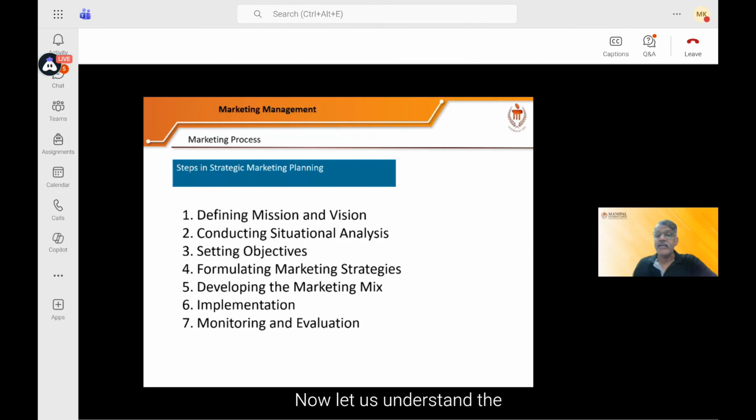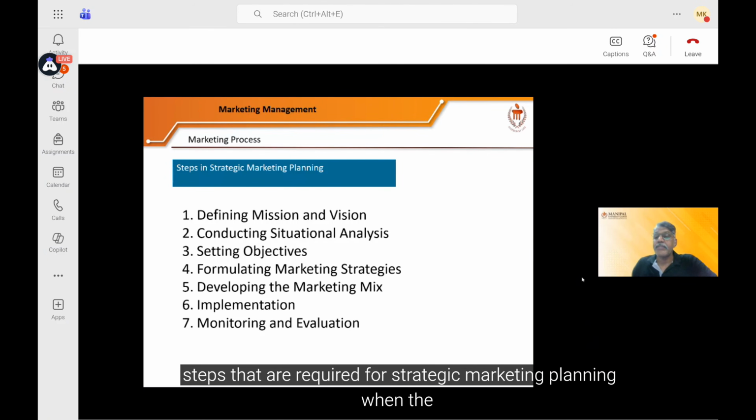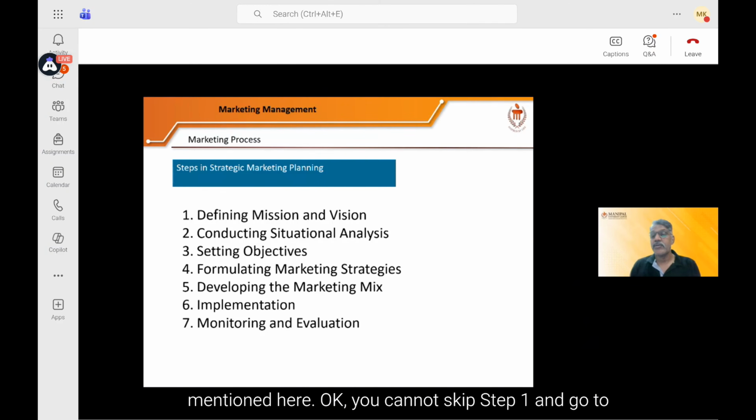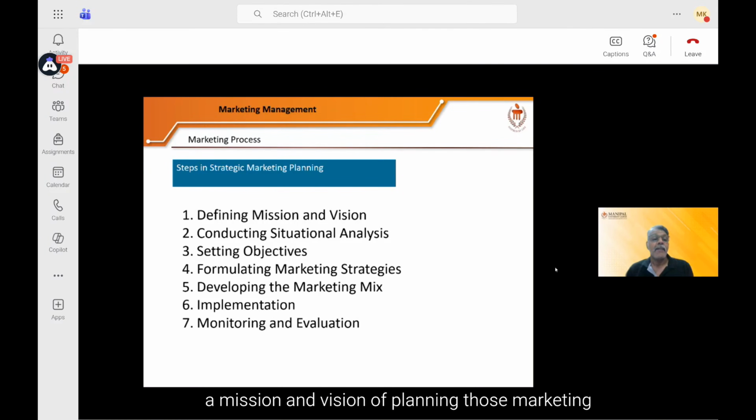Now let us understand the steps that are required for strategic marketing planning. When the question comes in the exam for steps, you need to write the sequence as I have mentioned here. You cannot skip step 1 and go to step 3. You need to go to step 2 and only then. Defining mission and vision: you have to define the mission and vision of planning those marketing strategies.